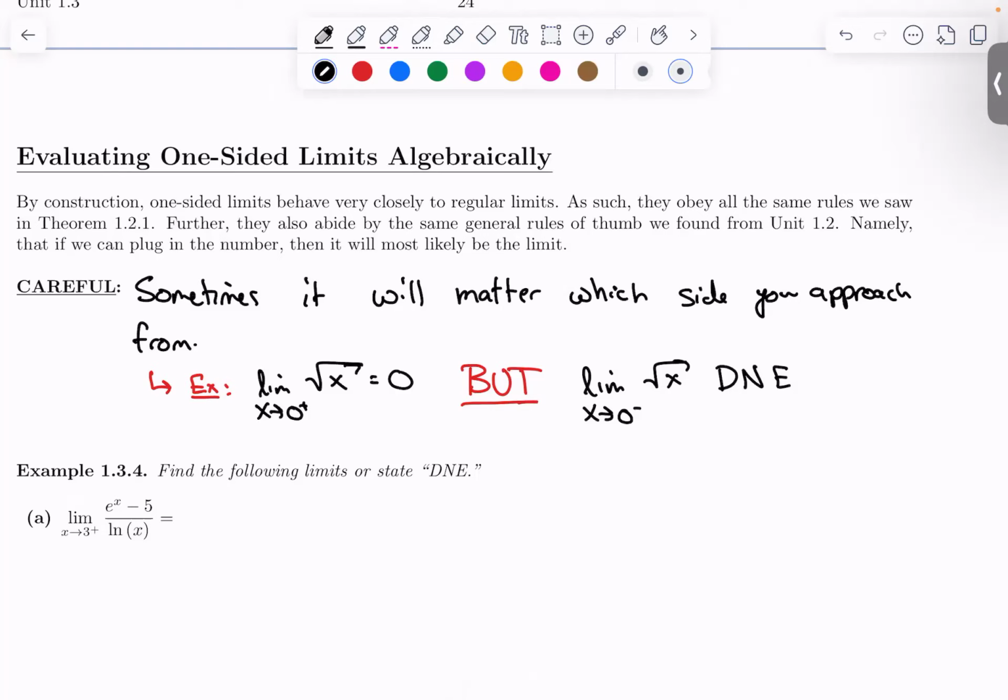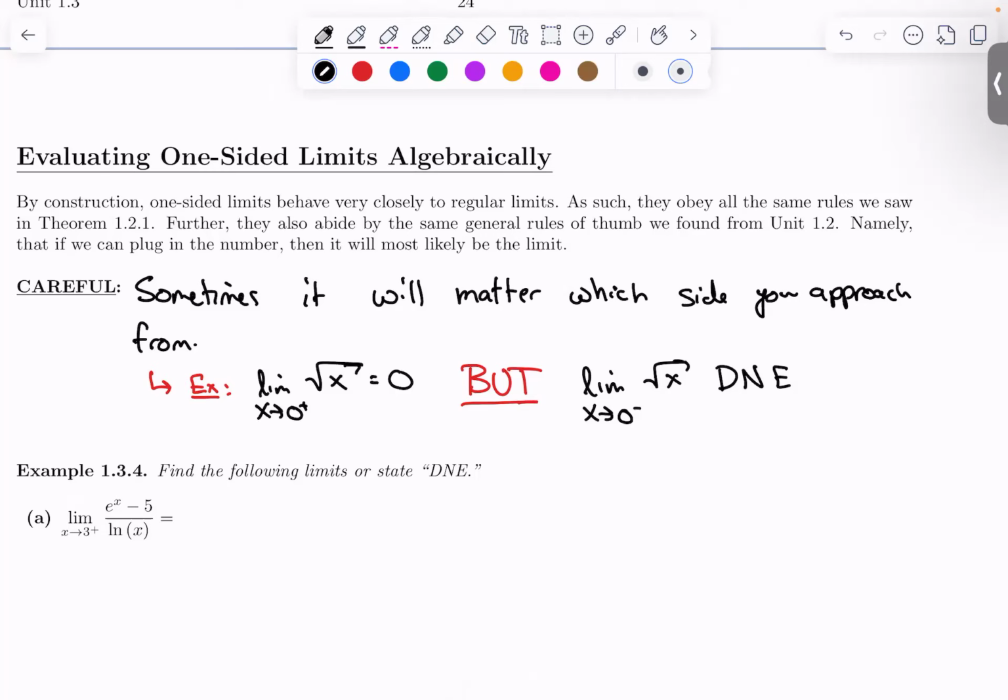The square root of -0.01 is not a real number. It's a complex number. And we are not interested in complex numbers. We should be. They're awesome. If you want to know more about them, please feel free to talk to me. They're my favorite thing in mathematics. But look, for this course, we are strictly dealing with the real numbers. And the square root of -0.01 doesn't exist. So the one-sided limit from the left does not exist.